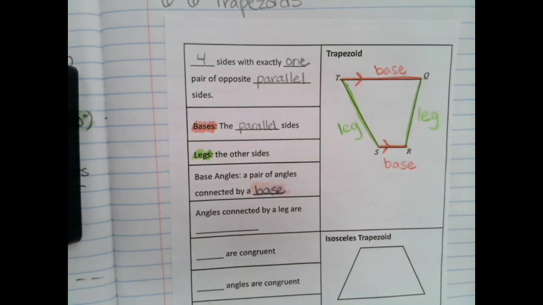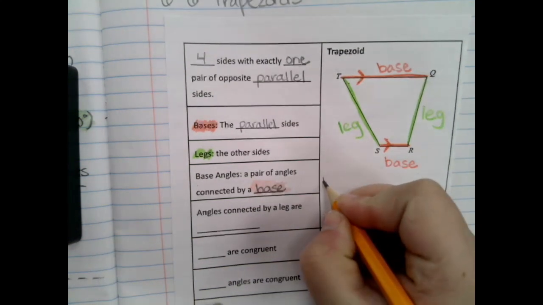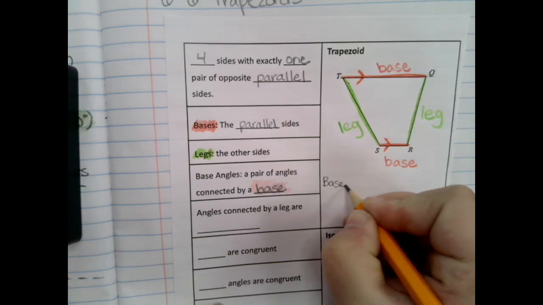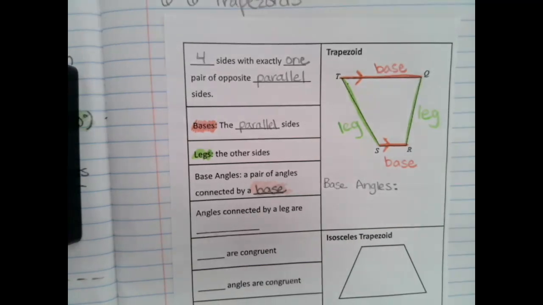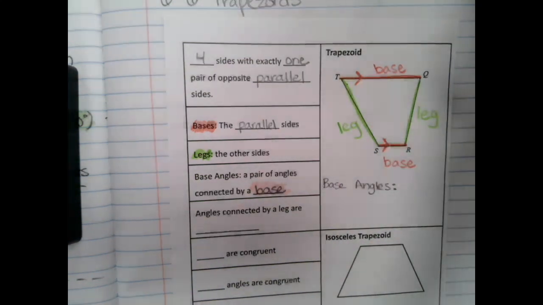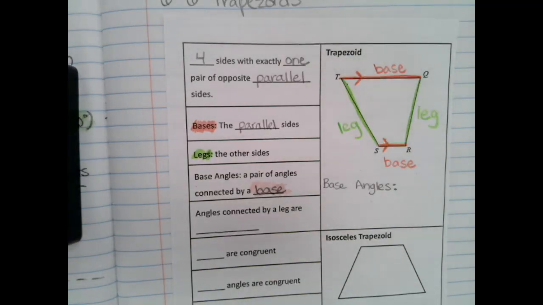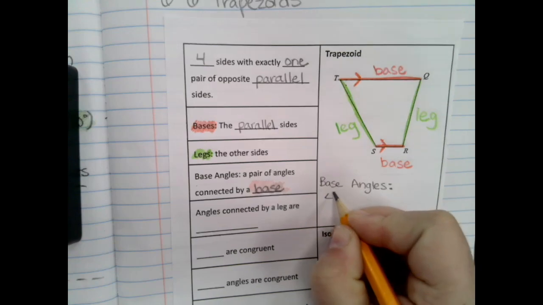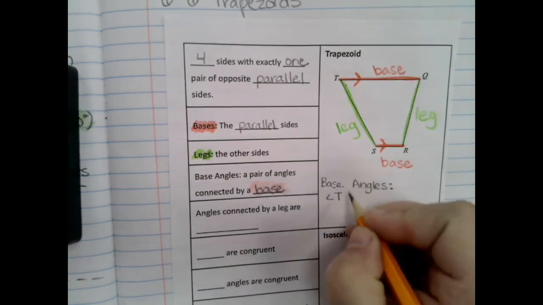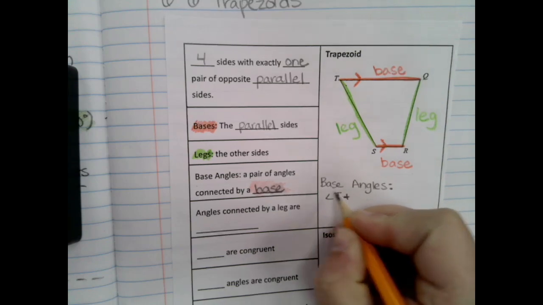As we take a look, we have two pairs of base angles. So which angles are connected by a base? We can just use one letter for an angle in this case because as I look at angle T, there's just one there. Naomi? Okay, so if I do angle T, which angle is connected to angle T by a base?